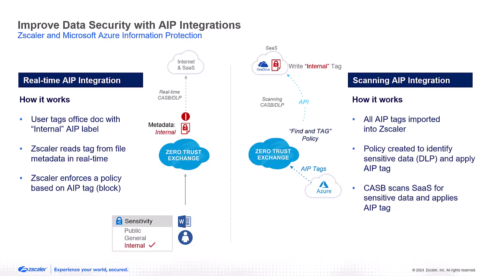And if we find some critical information, we can simply write that label onto that asset. And because of that action, Microsoft is now enforcing an encryption and rights management policy on those sensitive assets. So this is a great integration. It brings the best of both worlds: the data protection on the endpoint through Microsoft, and the data protection through Zscaler for your cloud assets.